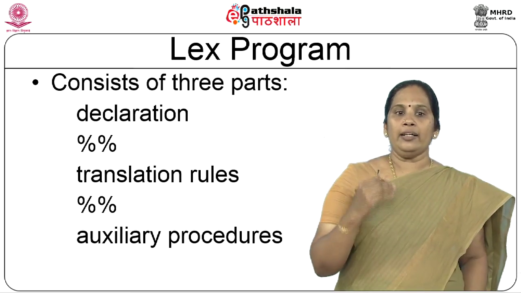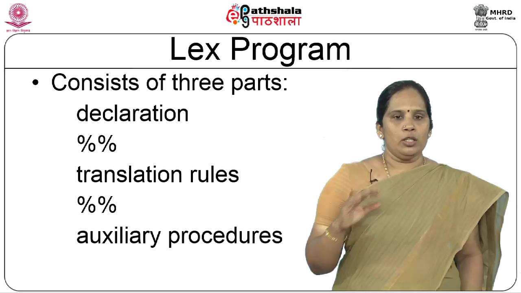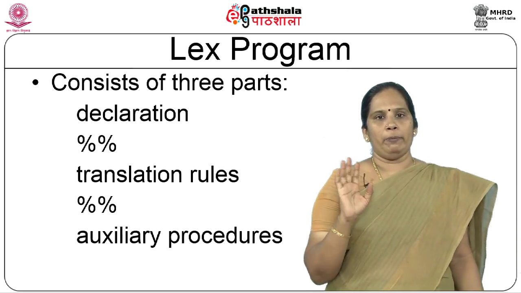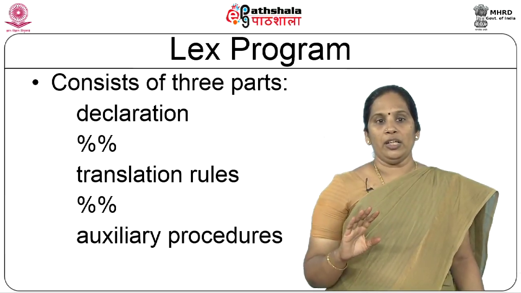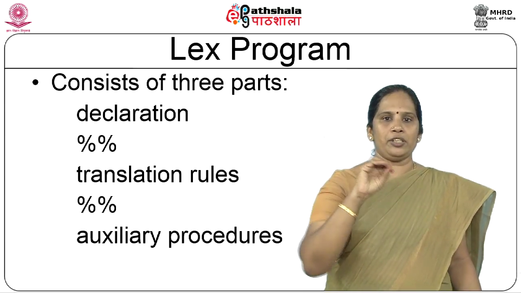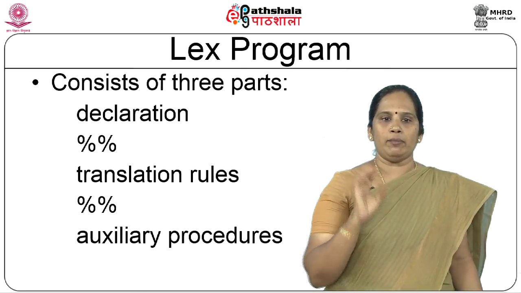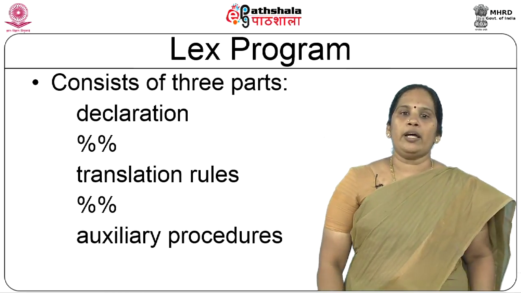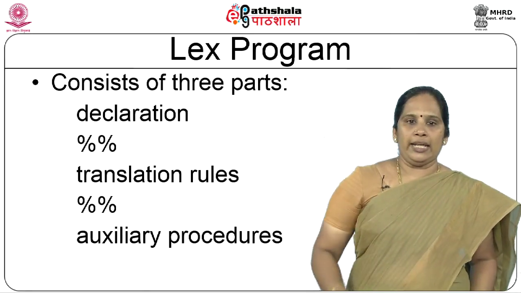So, that acts like a delimiter to separate the sections of your Lex program. A Lex program typically consists of 3 parts: the declaration, translation rules and auxiliary procedures. To distinguish the declaration from the translation rules, you have this delimiter, double percentage. Once my program encounters a double percentage, it knows that it is entering the next section.